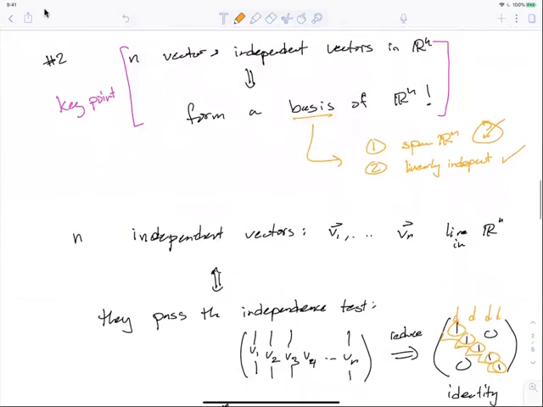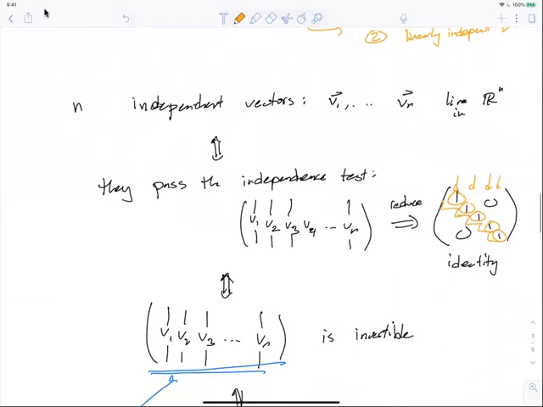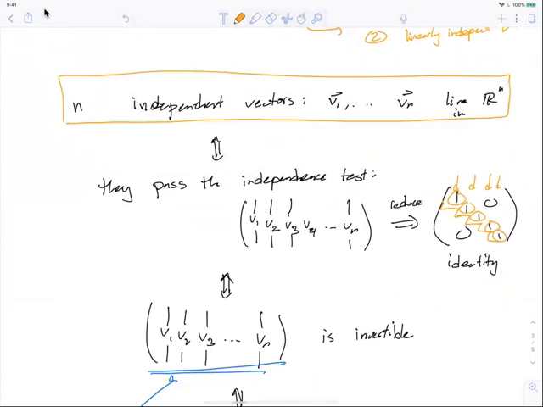One of the other key takeaways hidden in this is that it also gives you another independence test or invertibility test. If you have n independent vectors in Rn, the first thing we did was make this matrix and conclude that it has to be invertible. You know a matrix is invertible if it's square and its columns are independent, and vice versa.